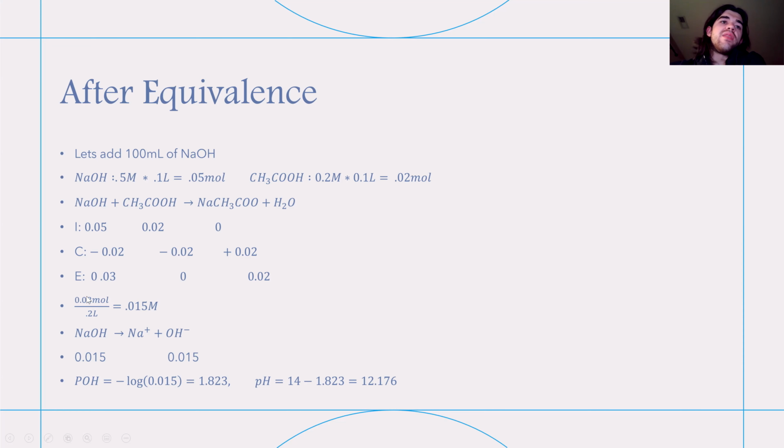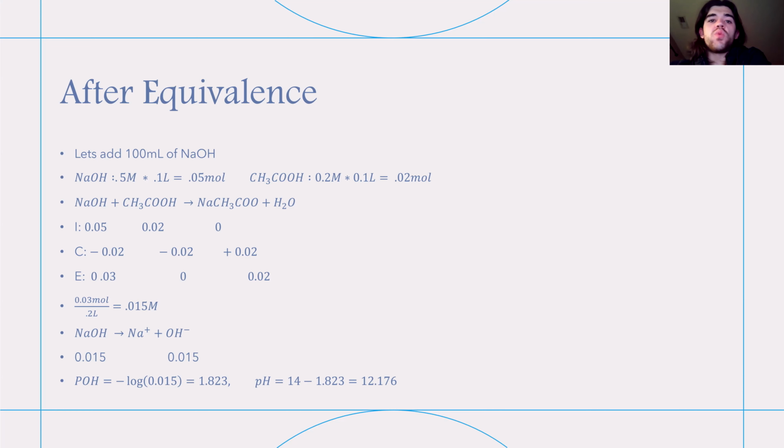And we divide our remaining moles of sodium hydroxide by how many liters we have to get our molarity. Then we have another chemical reaction. We take our sodium hydroxide and we break it down to its base components. So that should break down. So we have our pOH equals negative log of 0.015, which equals 1.823.